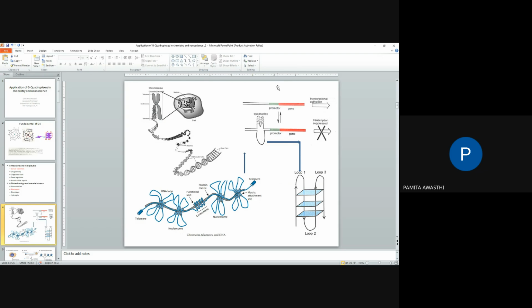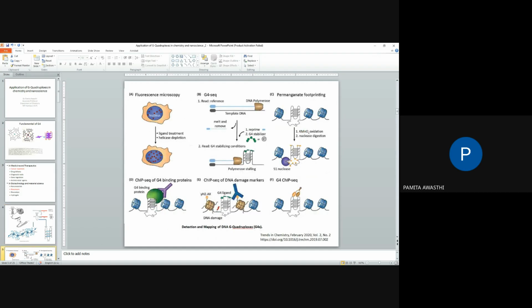And the position of those antibodies which are specific to the quadruplexes has been identified by various cell cycle dependent experiments. These are some of the experiments which have been done in series to confirm the position of quadruplexes on the genome. One of the important experiments is ChIP sequencing.